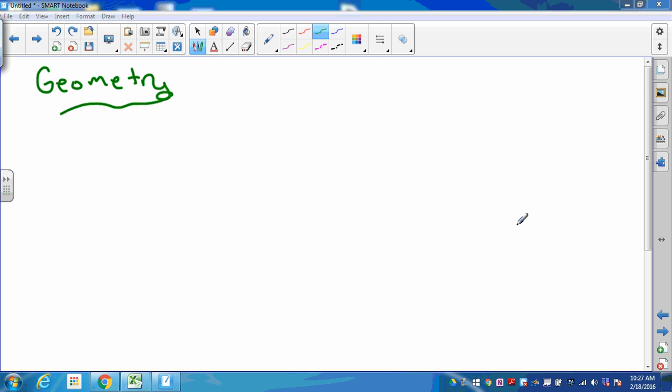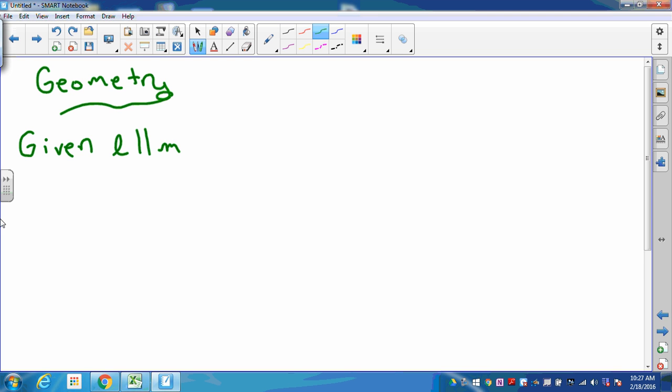And in a geometric proof, that's your given information. They literally write given. So given line L is parallel to line M.